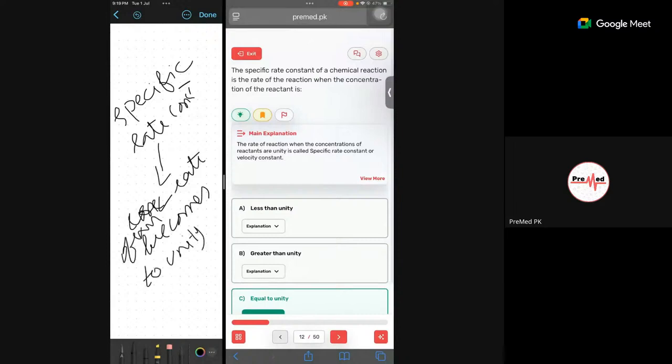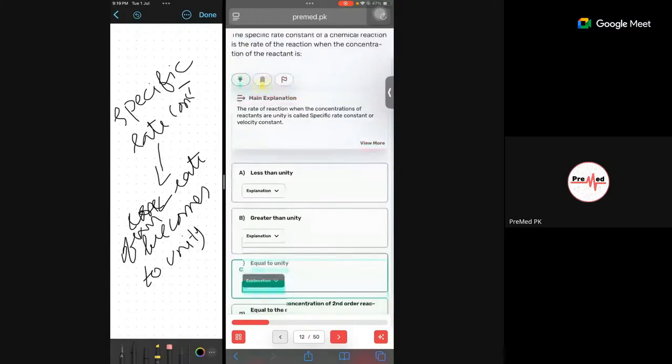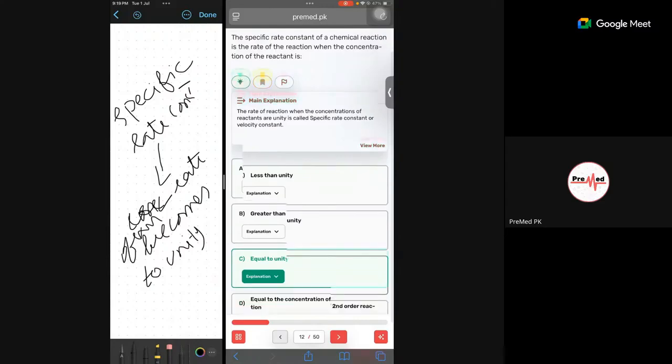So in this MCQ, the rate of reaction when the concentration of reactants is unity is option C. So we will mark option C. Less than unity is not possible for specific rate constant. If it weren't the specific one, we would use options A and B, but over here the MCQ's nature is different.